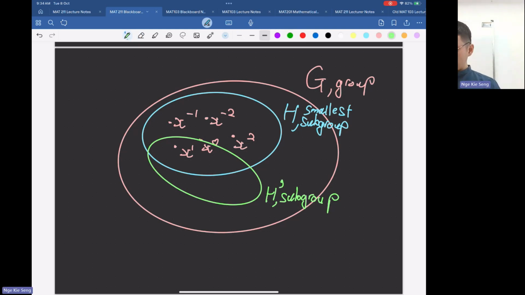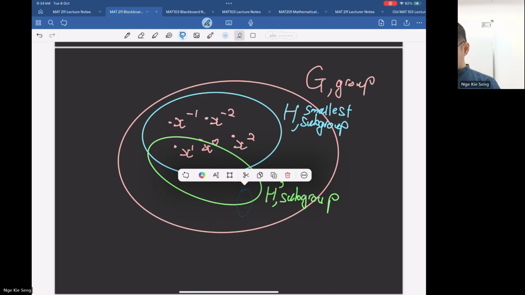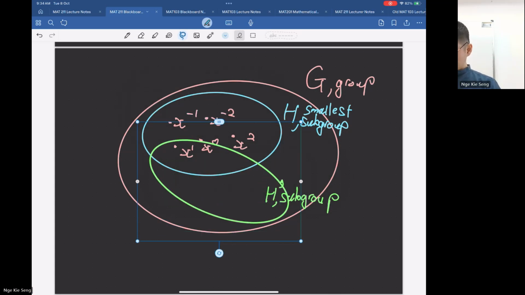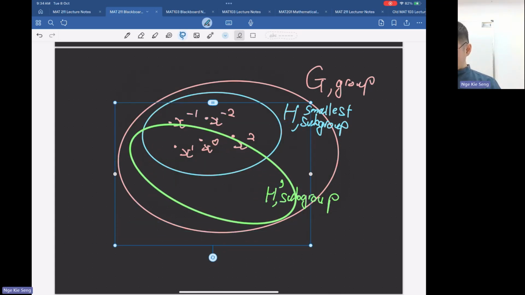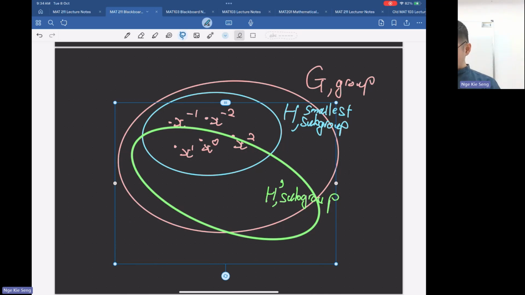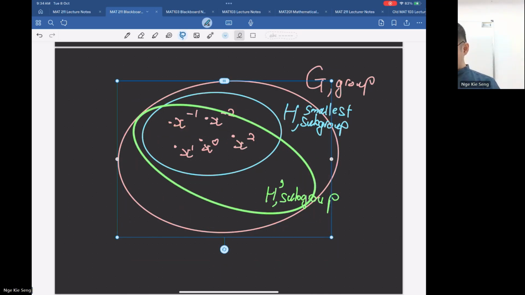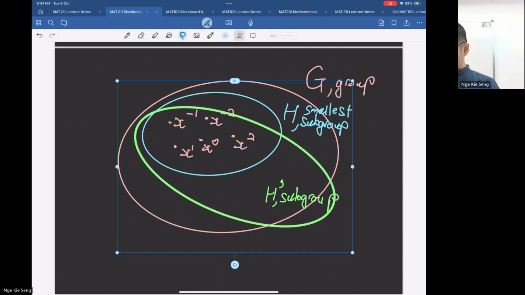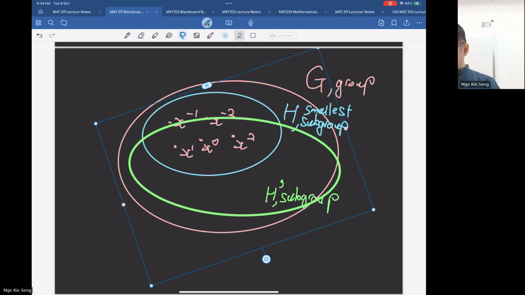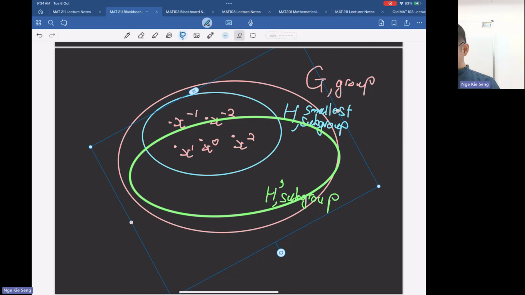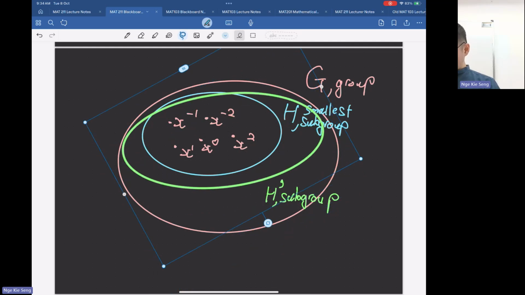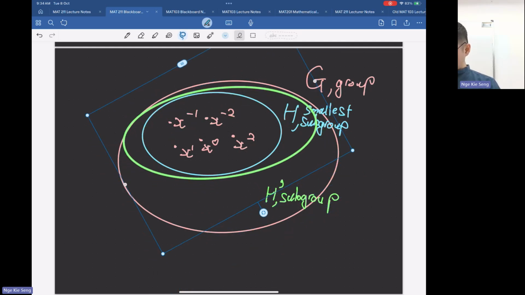So meaning what? You really need to make this H bigger. So really, you need to contain the smallest subgroup here.